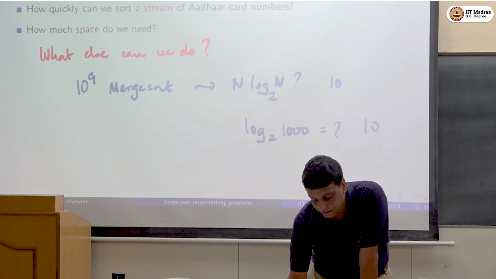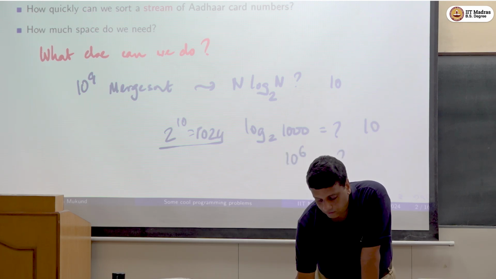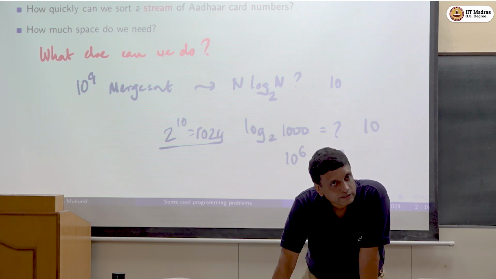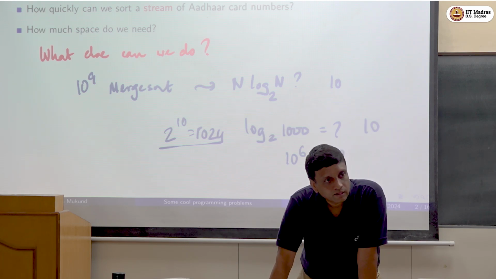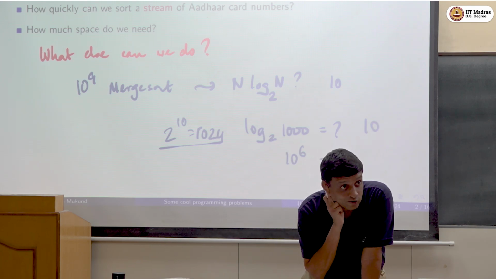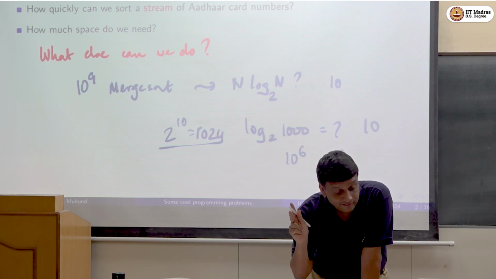Right, this is 10, never forget this, right, 2 to the 10 is 1024, right? So what is log of 1000 times 1000? Log of 1000 is 10. Log of 1 million is 20.